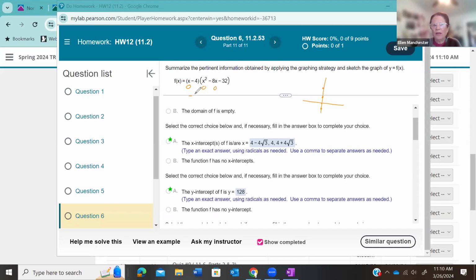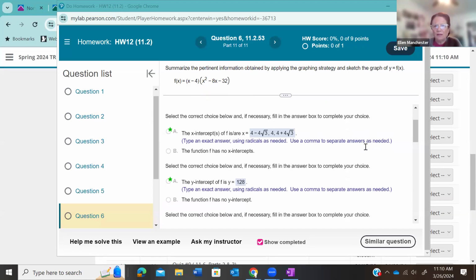And so I end up with -4 times -32. And that's how they get the 128. So x-intercept, y-intercept, you just take the factored form and for the y-intercept, you replace the x with 0 and then solve. For the x-intercept, you replace the y with 0 and then solve. Okay, so that's those two.